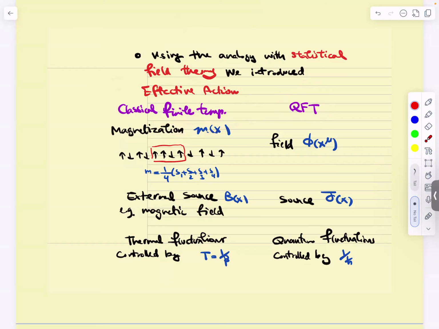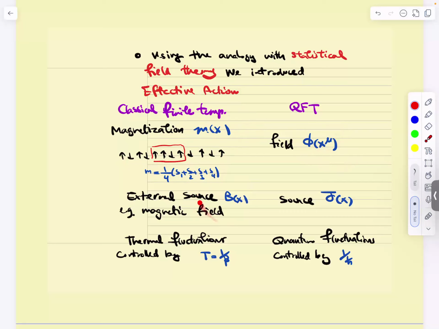We have a spin system. Then we coarse grain this, introducing some coarse grained averaged degrees of freedom. These are the magnetization, m of x. In the continuum limit, it becomes a smooth function of x. And the comparison is that on the QFT side, you have space-time fields phi of x mu.